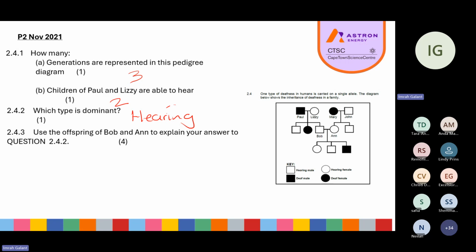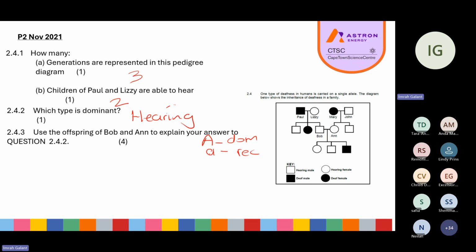So let's create a bit of a genotype for the individuals. For hearing individuals, we're going to use A as the dominant allele, and for the deaf individuals, small a is going to be the recessive allele.